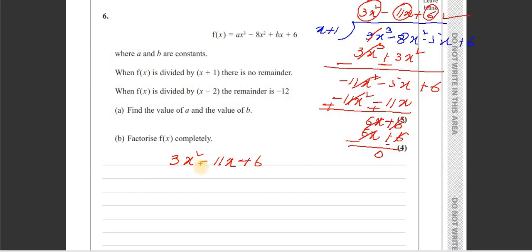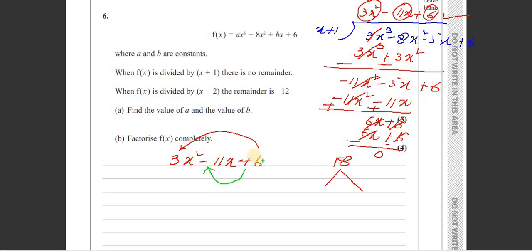So you can say that 6 times 3 is 18. So you need to think of factors of 18, and those factors are added to get minus 11.